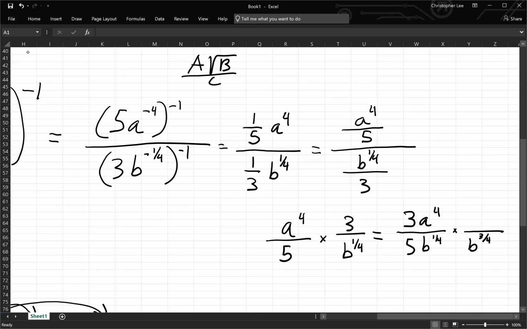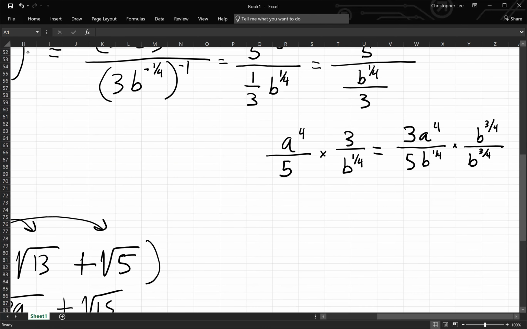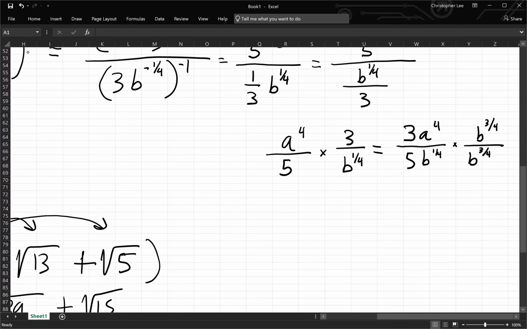No, this is it. Yeah, b to the 3 over 4. And then what I do to the bottom, I do to the top. It doesn't feel right, but I believe it's right. When I'm multiplying them, I add them. Yeah, that's right.